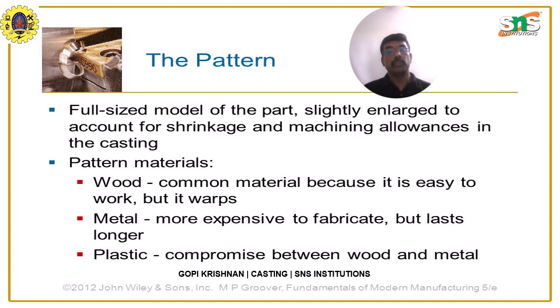Metal is also used as a pattern material, but due to its high cost, it is more expensive to fabricate. But the metal pattern lasts longer, so it can be used in places where wood patterns cannot be used. Plastic materials can also be used as pattern materials, but they are used in places which need a compromise between wood and metal.